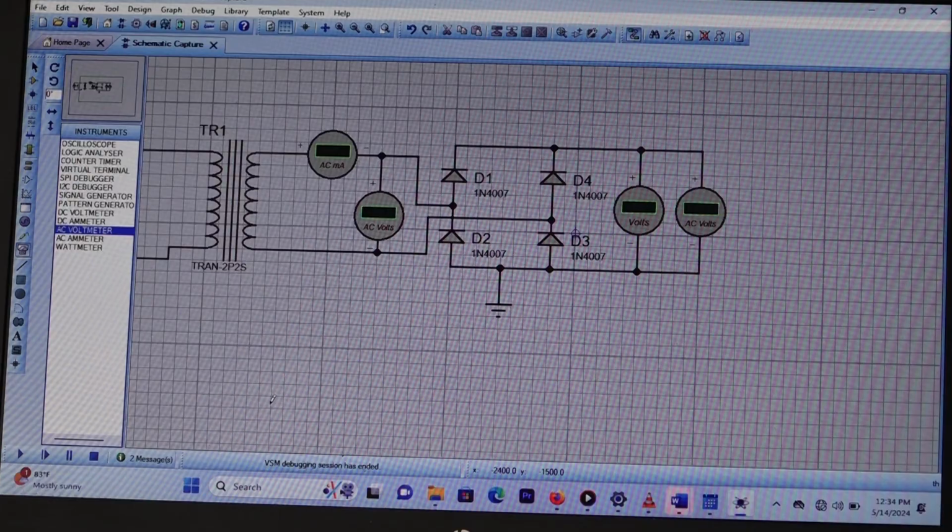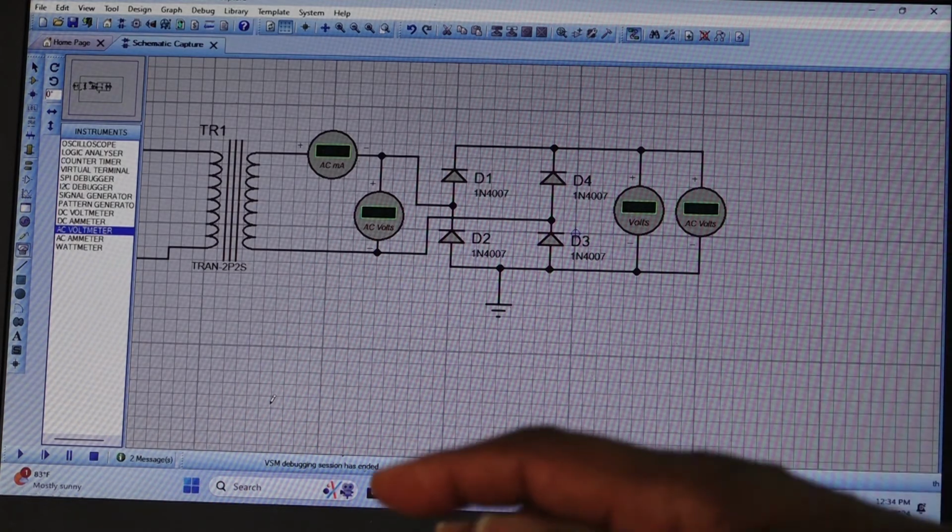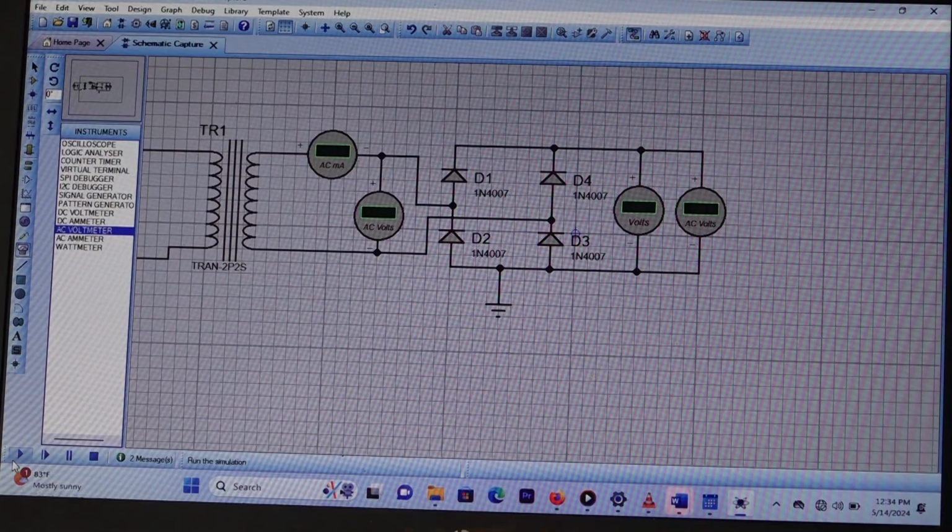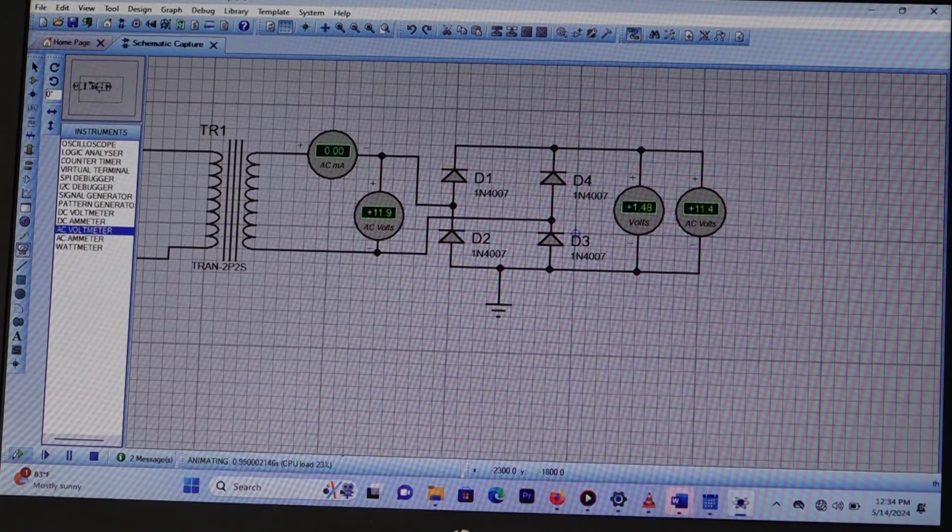Okay? According to what we have, from that schematic circuit, what is the output voltage of the bridge rectifier? The DC voltage is 1.47, right? And the AC voltage is 11.4, root mean square.